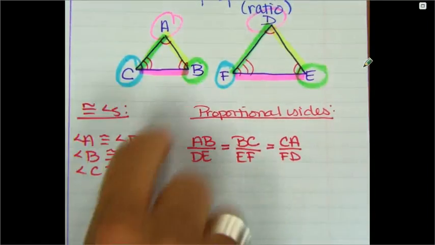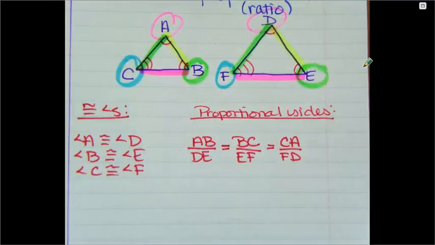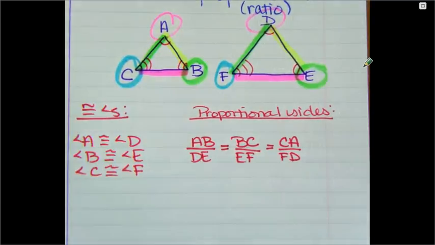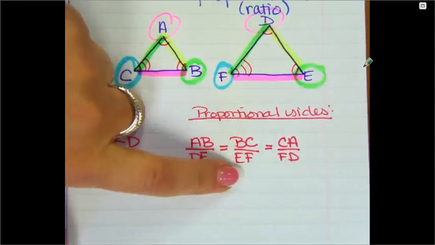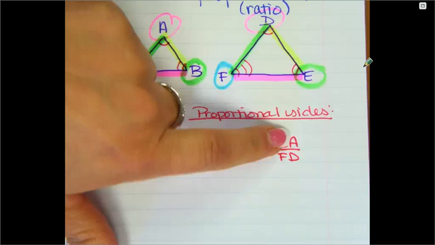All three of these will end up being congruent, not congruent, sorry, equal. Do you understand? So if I get AB over DE to be 1 over 2, this one should be what? 1 over 2. And this one should be 1 over 2.